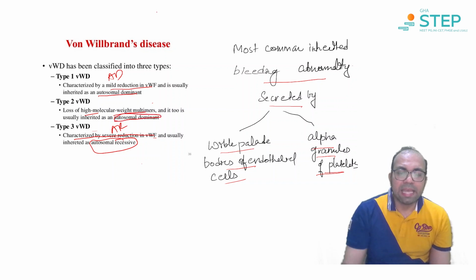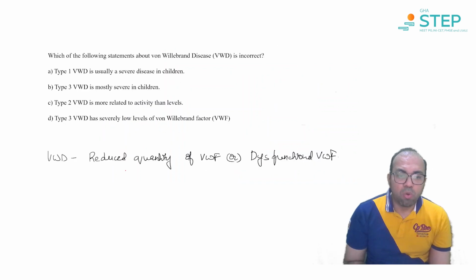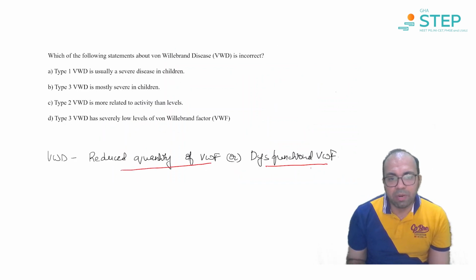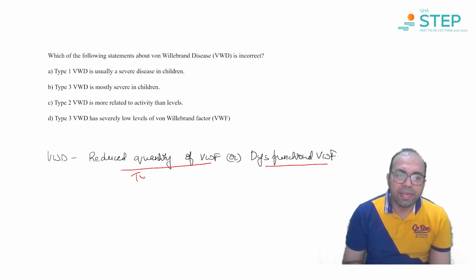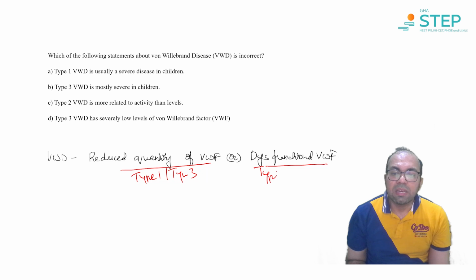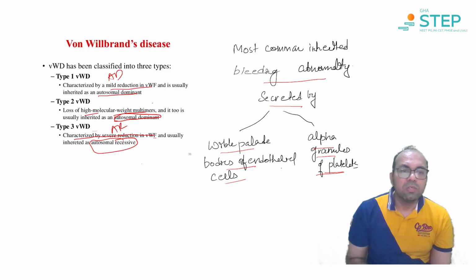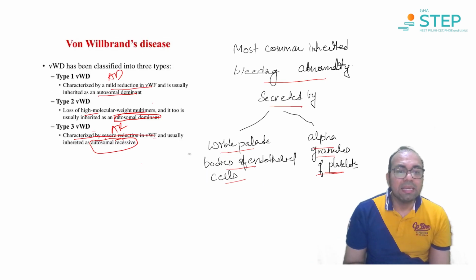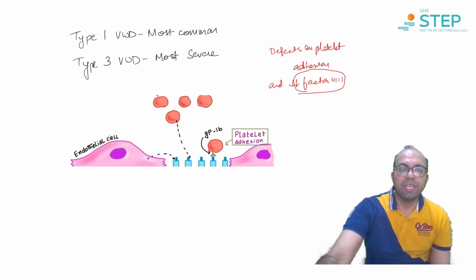So von Willebrand disease is either due to reduced quantity of von Willebrand factor or dysfunctional von Willebrand factor. Reduced quantity is type 1 or type 3. Dysfunctional is type 2. Mild reduction is type 1, severe reduction is type 3.